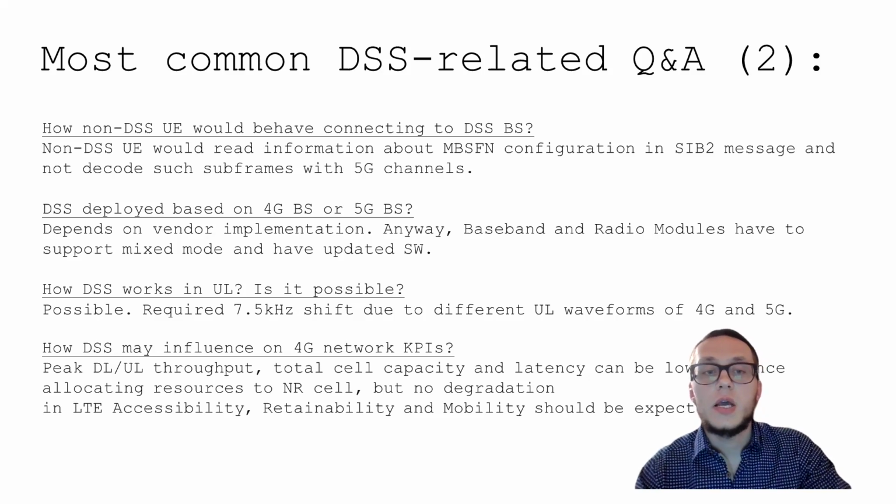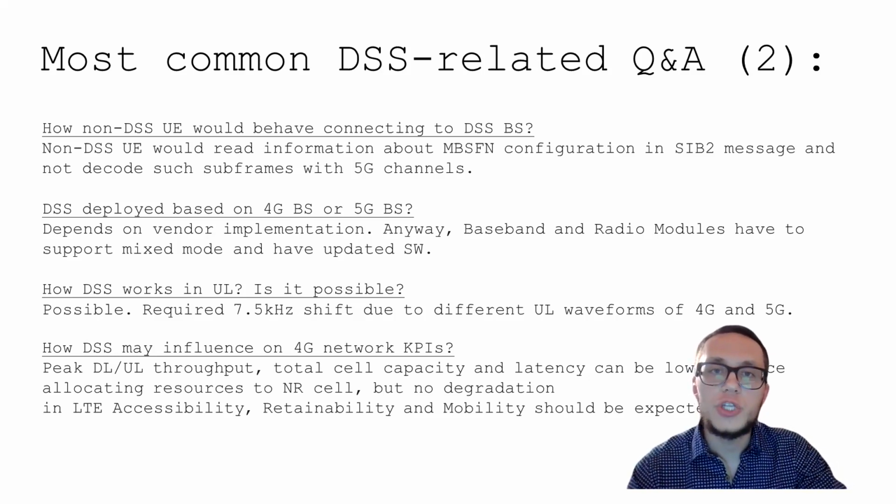How may DSS influence 4G network KPIs? I think this is a very tricky question, because now it is obvious that peak downlink and uplink throughput may be reduced, total cell capacity will definitely reduce, latency again can be increased because we share resources with NR users.